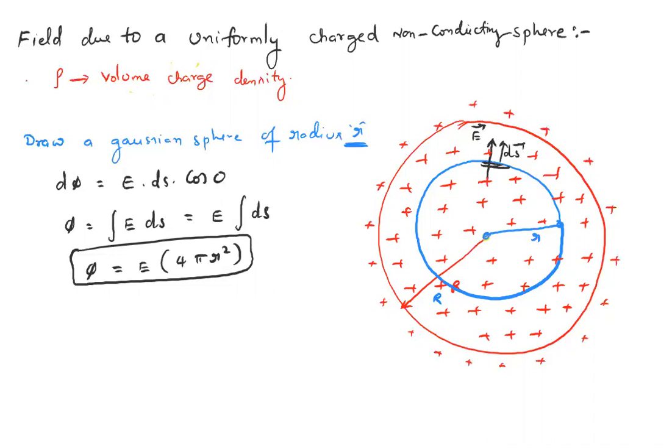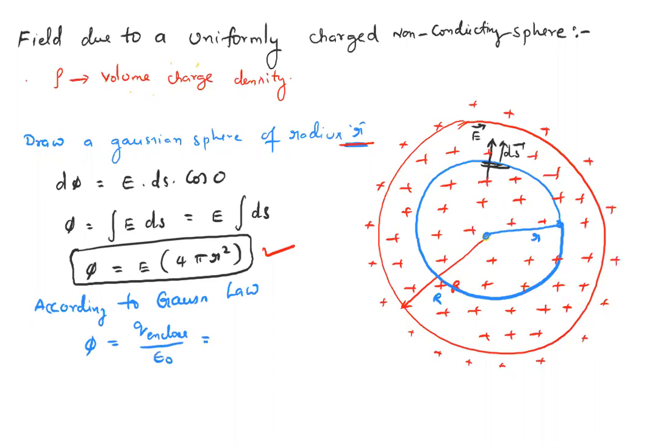Now, first of all, we assume a Gaussian sphere of radius r, and the flux due to that Gaussian surface is phi equal to E into 4 pi r square. Now, according to Gauss law, total flux equals charge enclosed by epsilon.